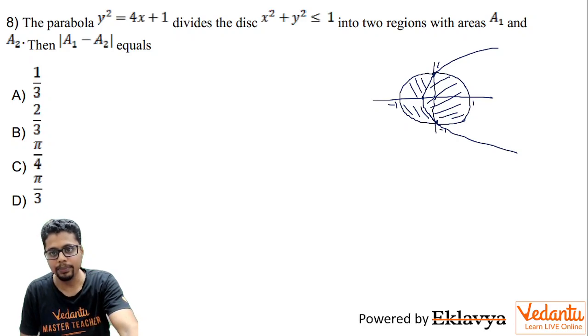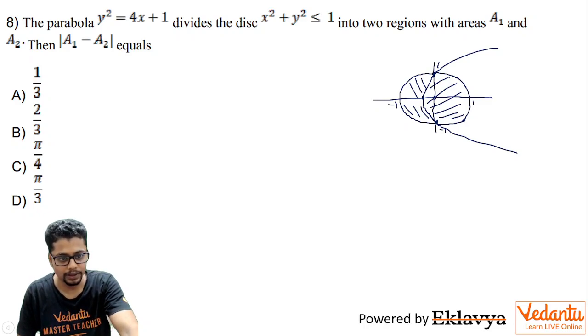So the only part which is creating the difference is essentially this part. If you can evaluate the area of this part, let's say the area of this part is alpha.